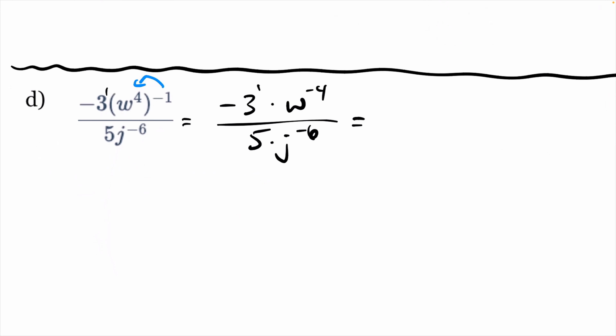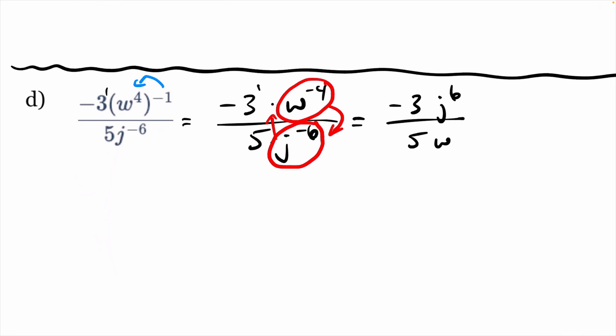Negative exponents: W needs to move down, J needs to move up. So we get negative 3, J6, 5, W4. You can put the 1 power, it doesn't hurt anything.